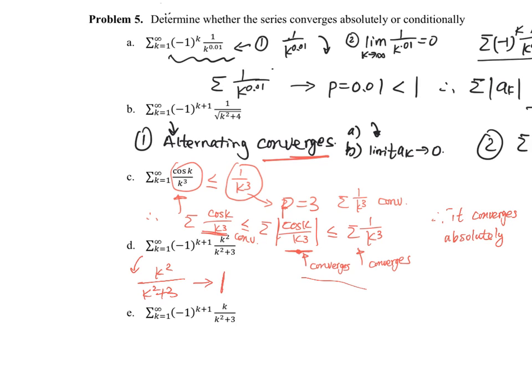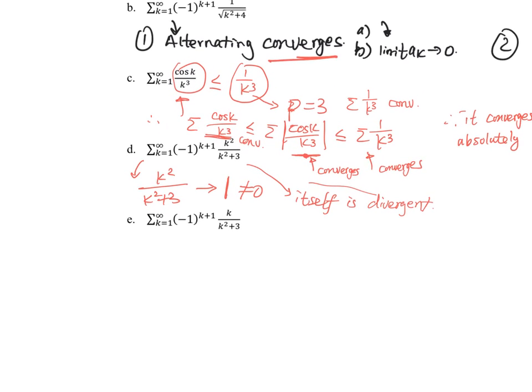It's not even 0. Then we know that this series itself diverges. So it's not relevant to talk about convergence absolutely or conditionally. It just diverges by itself.